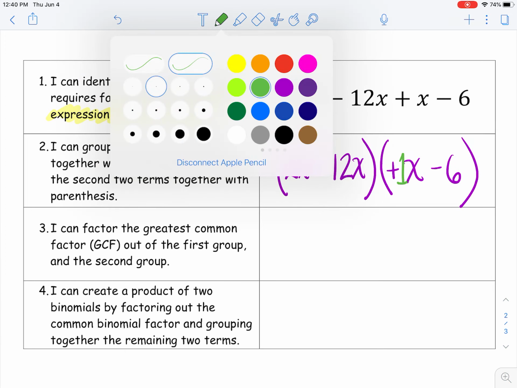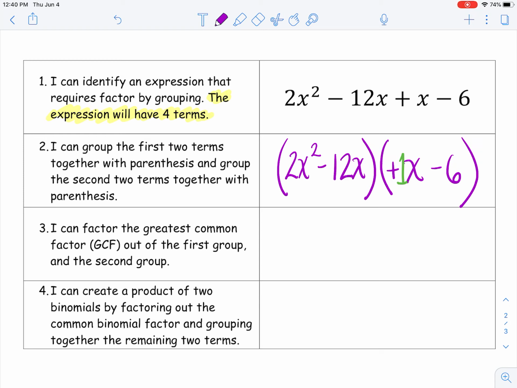Okay, let's take a look at our first group. Our first group is 2x squared minus 12x. So 2 and 12 are both divisible by 2. That's the greatest common factor. And then they both have an x. So I'm going to bring out the 2x. Okay. 2x times what will give me x squared?